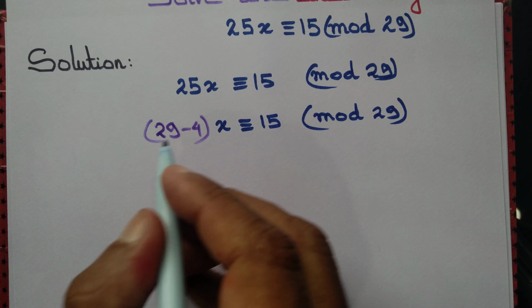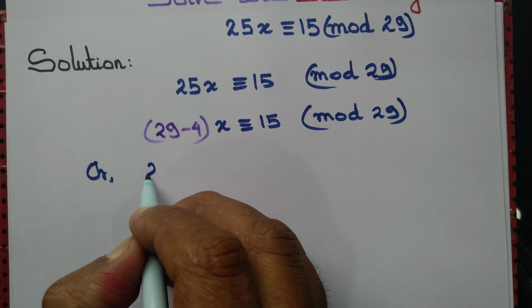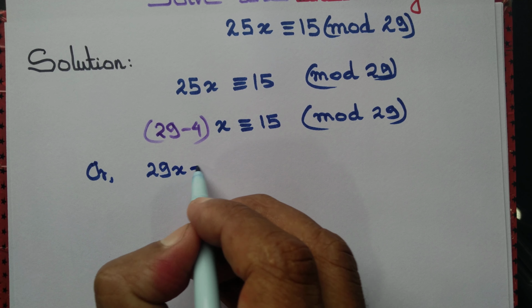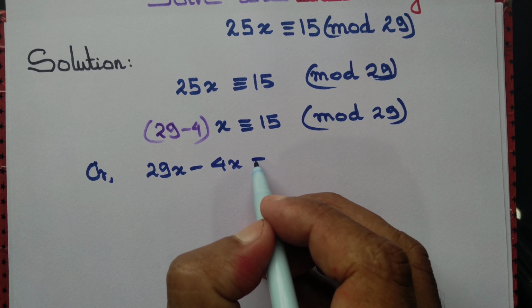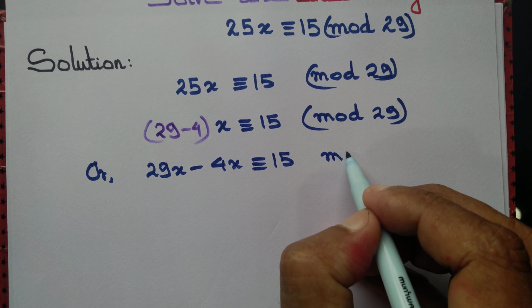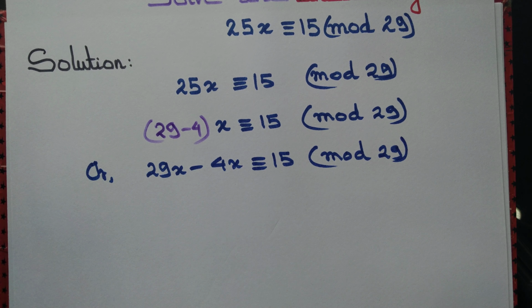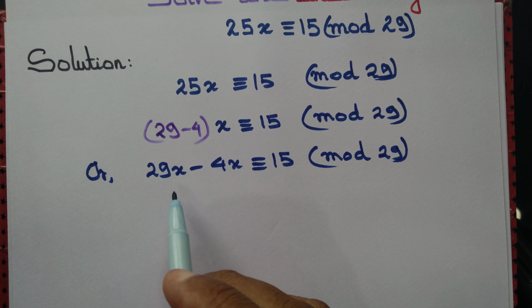So far so good. What's the advantage? Well, we can write this expression as 29x minus 4x is congruent to 15 mod 29. Basically, we are looking at the multiple of 29.